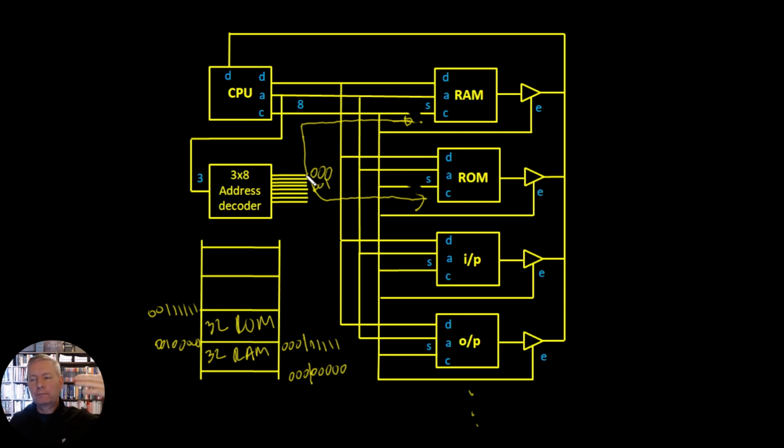So we don't want to split the device into 2 or 4 or 8 or 16 equal blocks. We want a method of splitting the device into different blocks, say in our instance 3 blocks, a RAM block, a ROM block, and also an input-output block. But the input-output block is only small compared to the RAM and the ROM block.